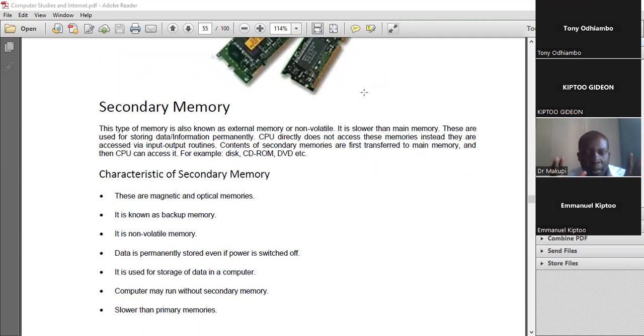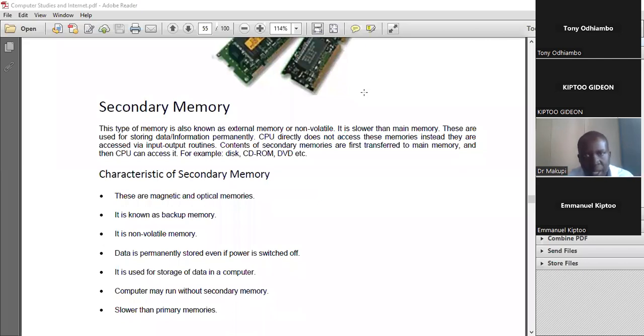The secondary memory, the last one, is also known as the external memory. Remember, I said the primary memory or the main memory is volatile, but secondary memory is non-volatile, meaning that at any given time power is lost, it does not lose its content. An example of this is a flash disk.